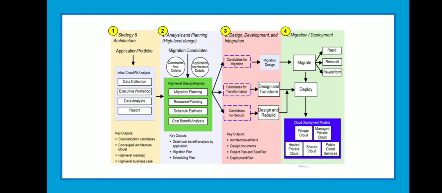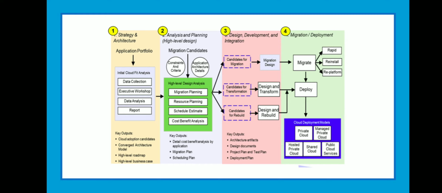From a strategy perspective, it's very clear: defining a cloud migration strategy involves performing a cloud fit analysis of applications that you have to move to the cloud. It's very simple.